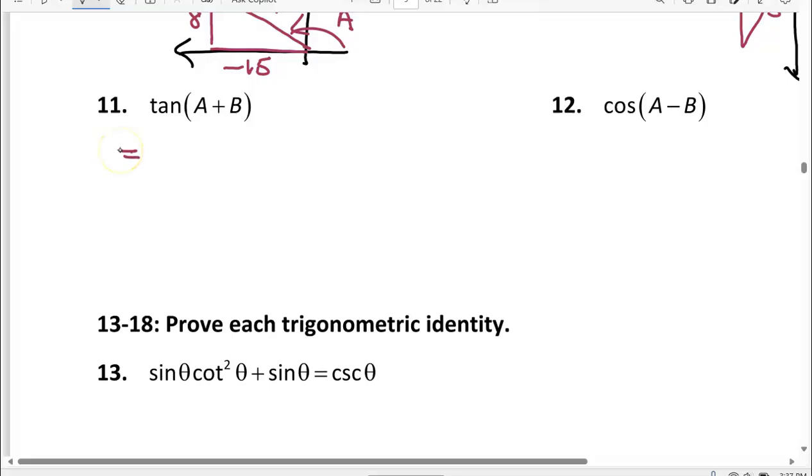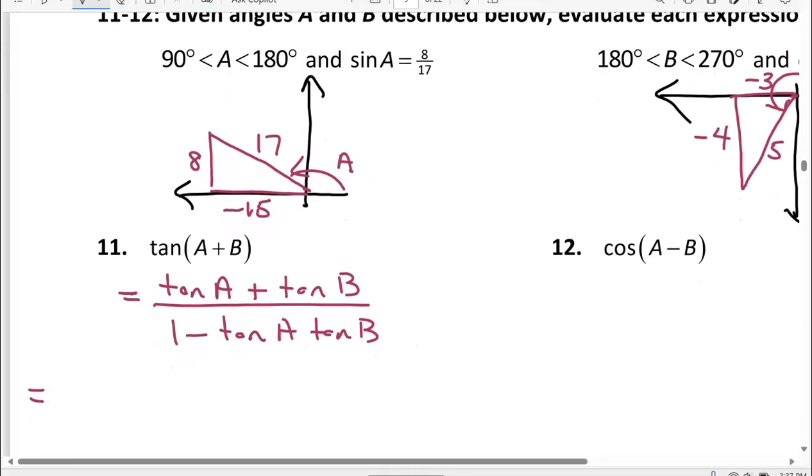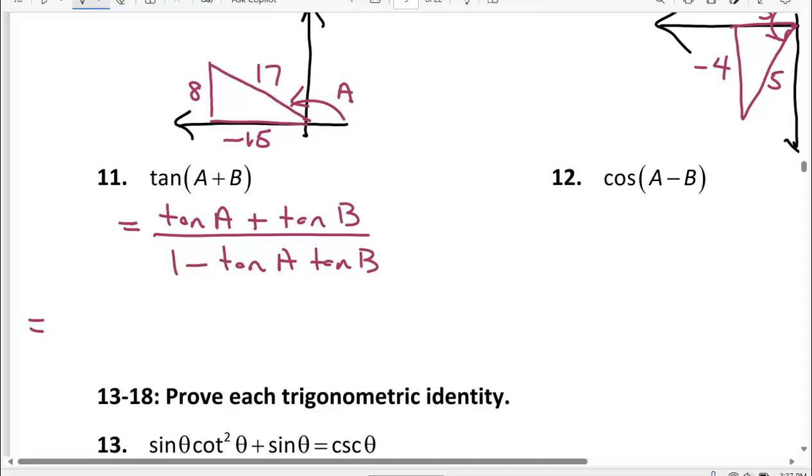Tangent of A plus B is tangent of A plus tangent of B divided by 1 minus the tangent of A times the tangent of B. And now we just need to make substitutions for those values. Tangent of angle A is opposite over adjacent, so that's -8/15.